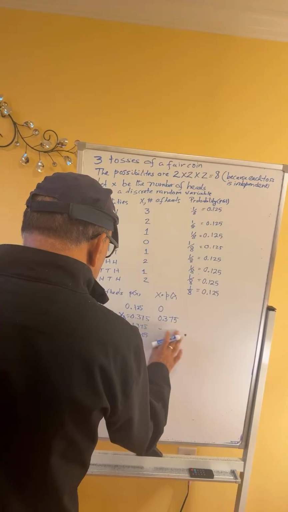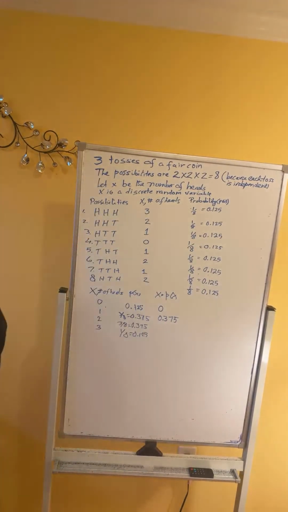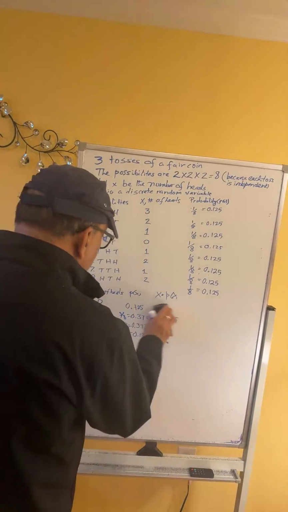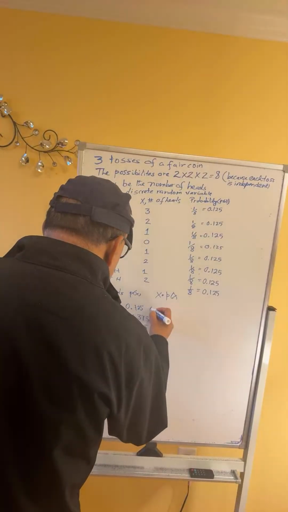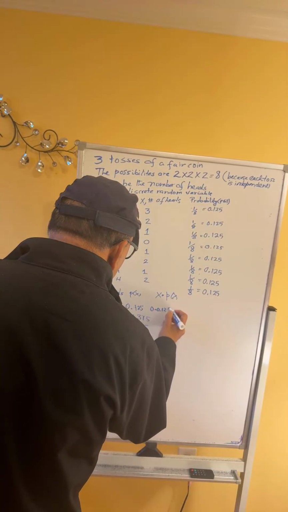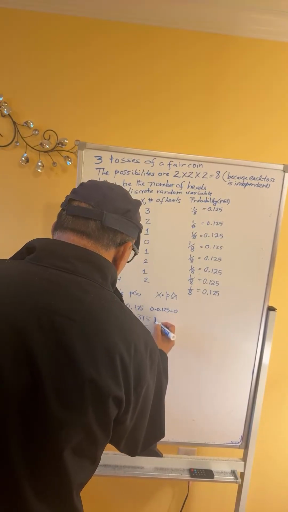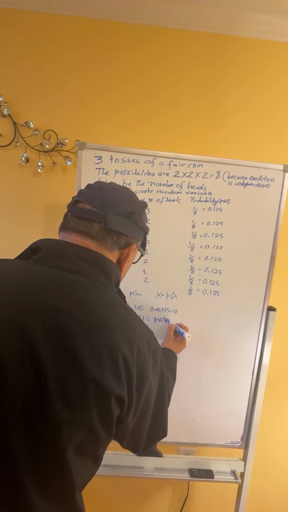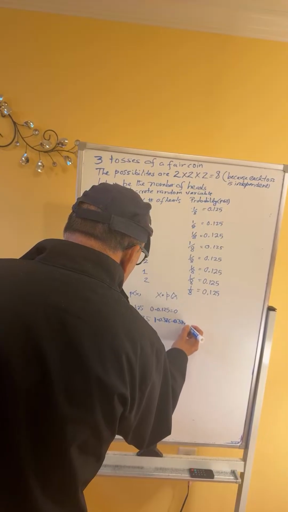How did I get this number? Let me clarify from the top. So x multiplied by p of x is 0 multiplied by 0.125 is 0. Next one is 1, the value of x, times the probability 0.375 is 0.375.